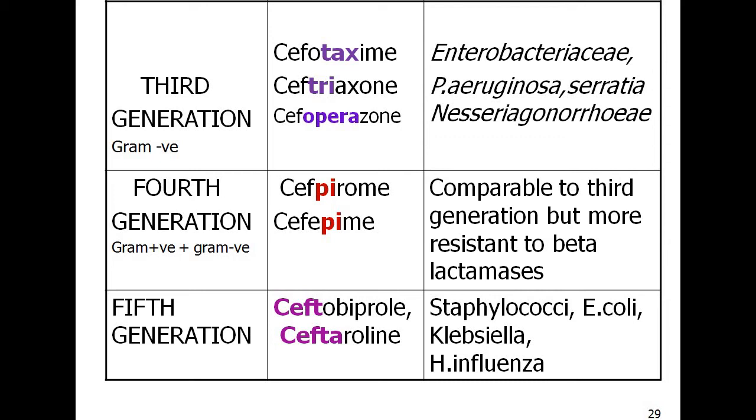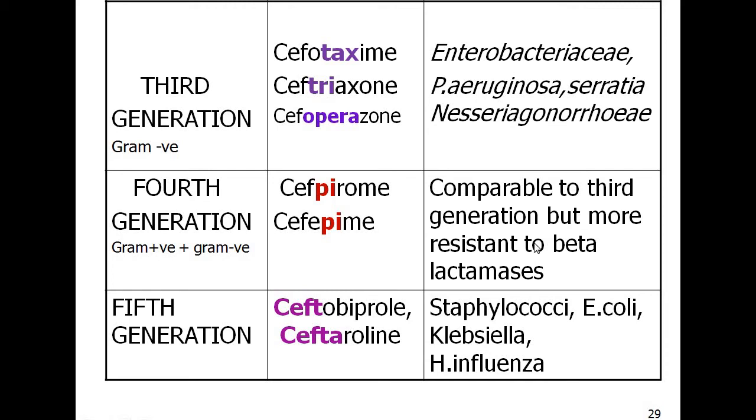Now what happens with the fourth generation cephalosporins is they regain activity against gram-positive organisms. In the fourth generation, we have 2 examples, cefpirome and cefepime. These 2 drugs are active against gram-positive and gram-negative organisms.